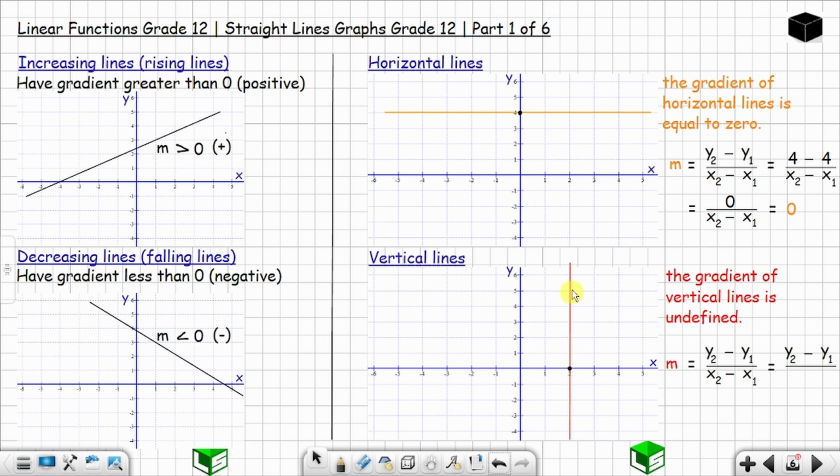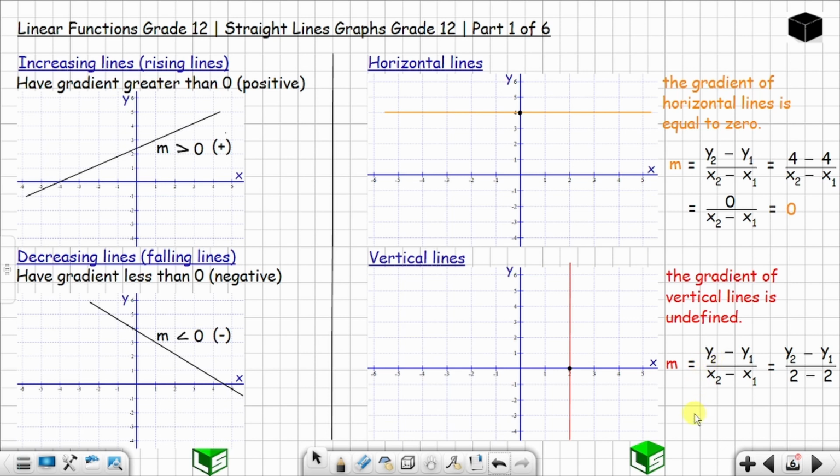You can see you have the line which is fixed at 2 in the x-axis. So you don't have change in the x. The line is fixed at 2. You don't have change in the x. So you have 2 minus 2. You can see that there is no change in the x. There is only change in the y. In the x, the line is fixed there. This is why you have 2 minus 2.